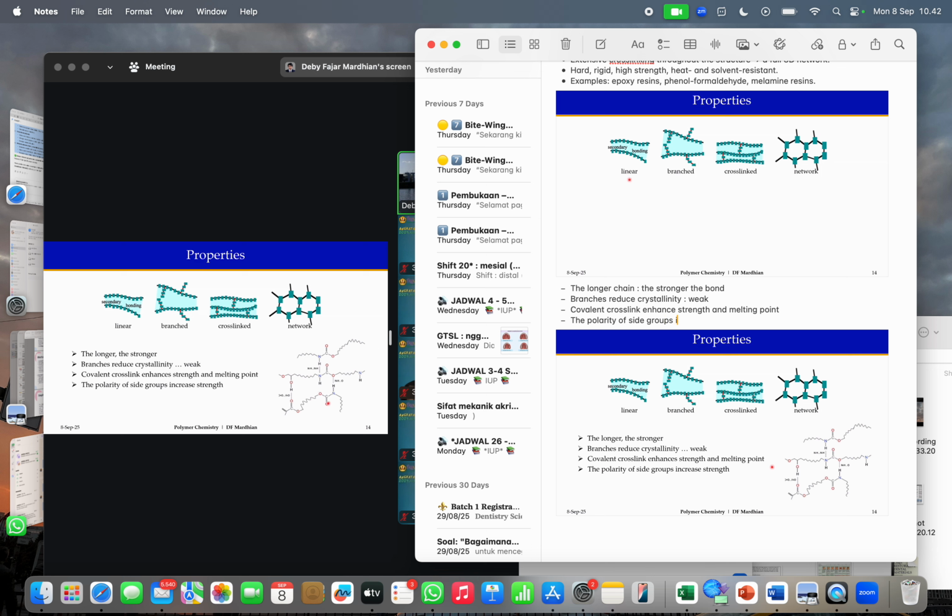So in the right hand bottom figure, you can see some hydrogen interaction here, here, and here, which creates a stronger polymer compared to the linear polymer without side groups.